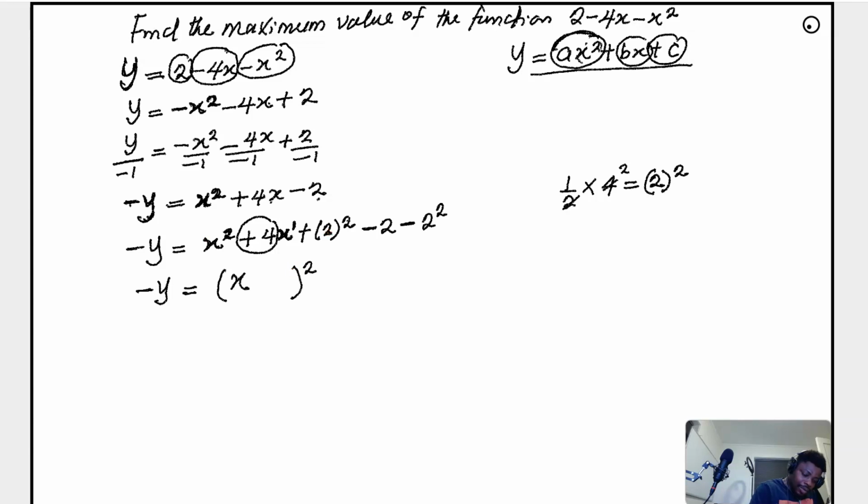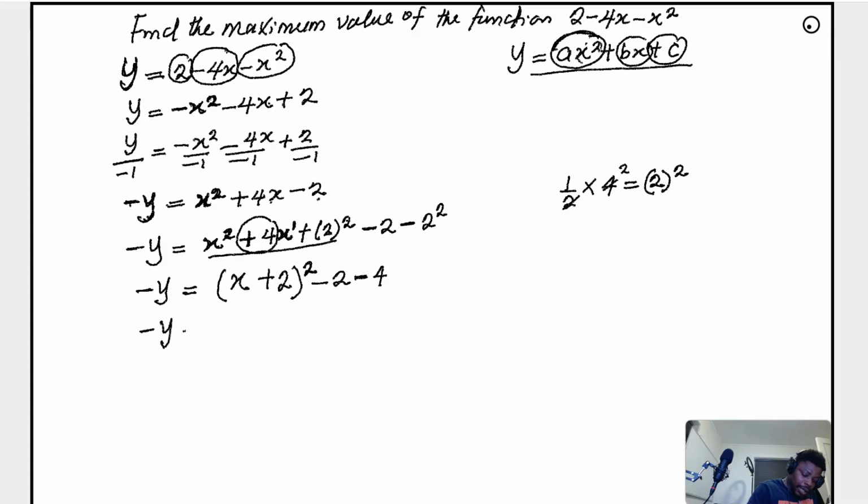Then this is 2 squared outside. Remember, the sign here is determined by the coefficient of the x having power of 1. So what is the sign here? Plus. I put plus here. Then everything here is this already. So I go to minus 2 minus, what is 2 squared? 2 squared is what? 4.